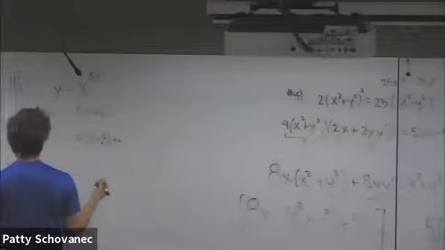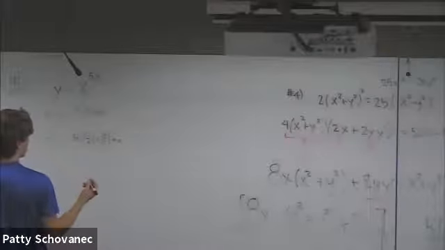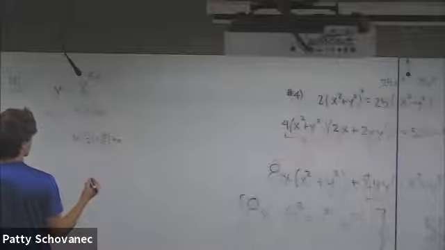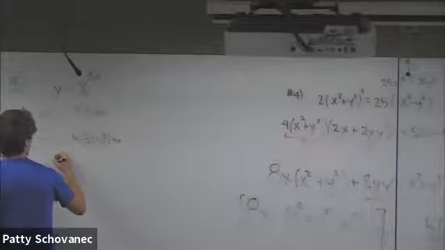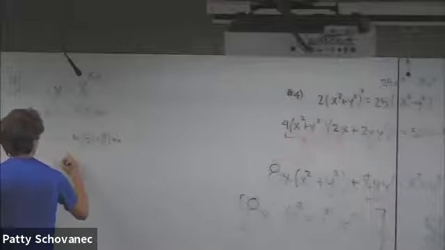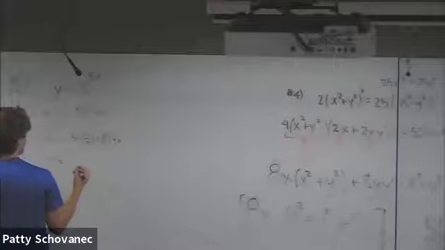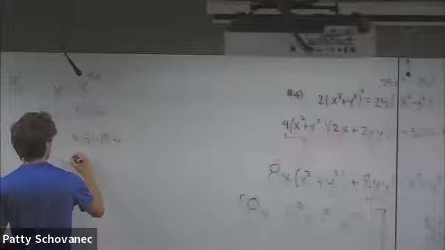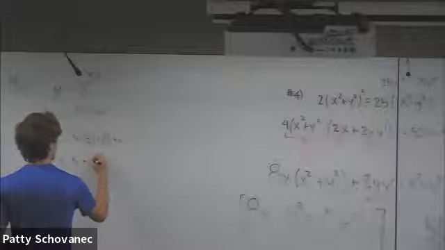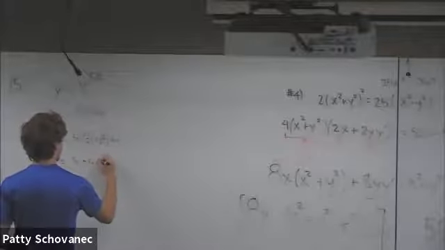Okay. Solve for y prime. Y prime equals 5y plus 5y ln x.